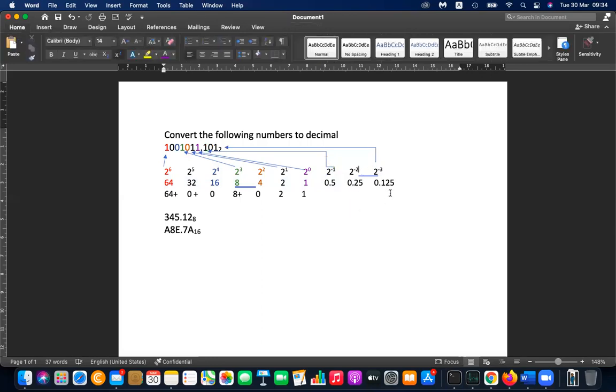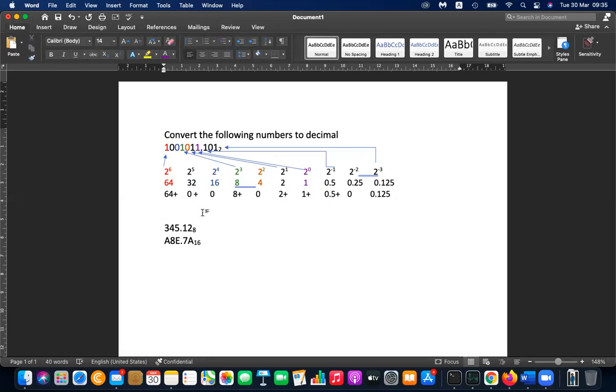Okay, now you have to add, then the value will be 0.5 here. And the next one will be 0. And the next one will be 0.125. So I think you understood the concept. If anything is difficult or you couldn't understand, please let me know, then I can help.